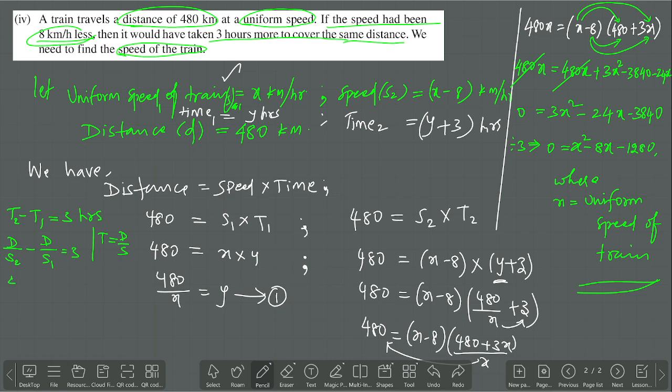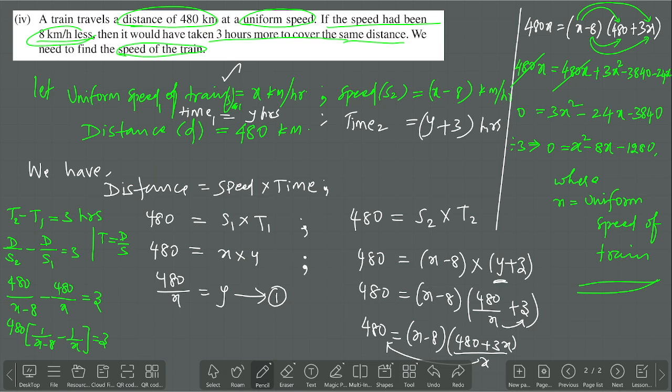Distance is 480, divided by speed 2, which is x minus 8, minus 480 divided by speed 1, x, which is equal to 3. What is common? 480. Take it outside: 1 by x minus 8 minus 1 by x, which is equal to 3. When you simplify this, I will get that answer.